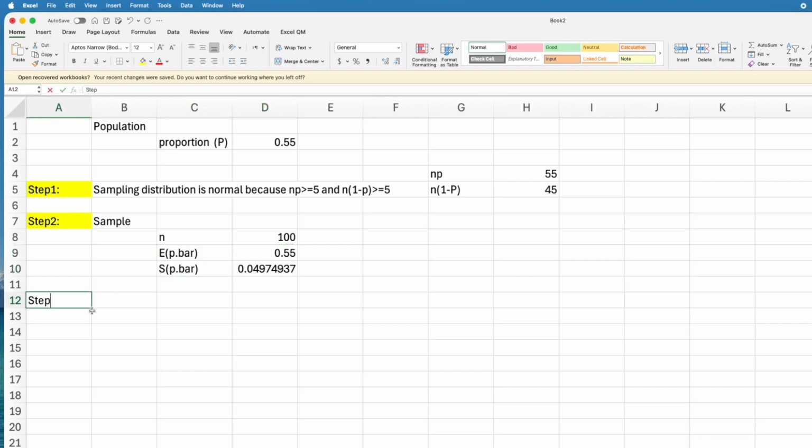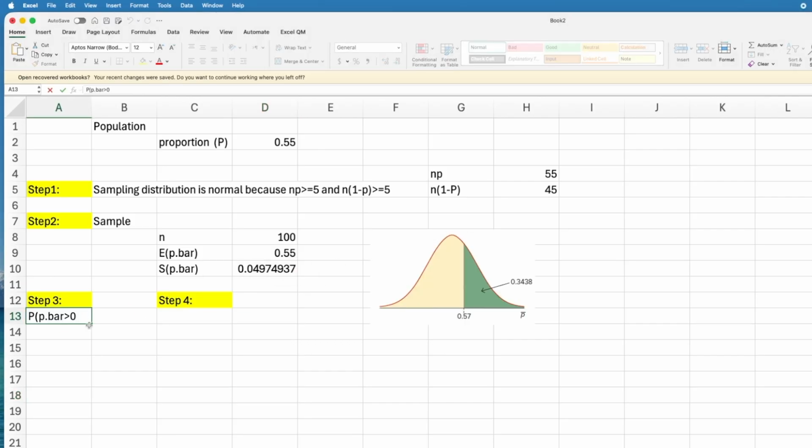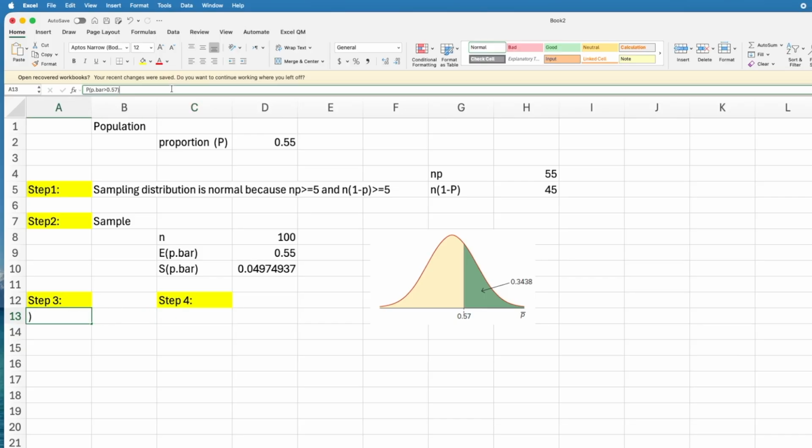Step 3, formulate the probability, and step 4, calculate the probability. So the question asks, what is the probability that out of those 100 companies, more than 57% of them are experiencing a cyber attack? So that's the formulation. Again, NORM.DIST will give us the yellow part. We are interested in the green part. We need to transform this to 1 minus the probability of p-bar being less than 57.